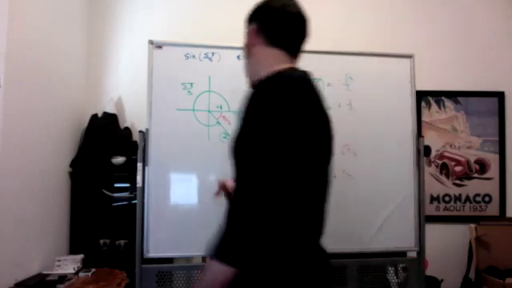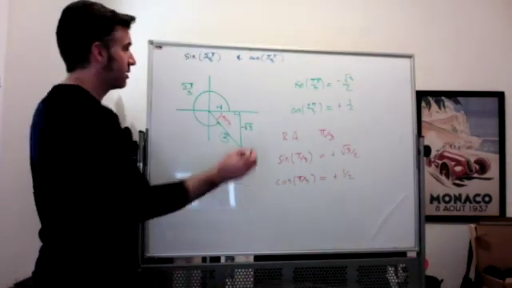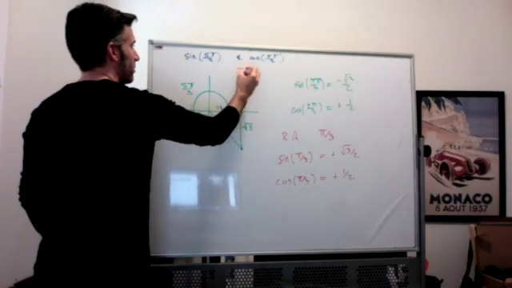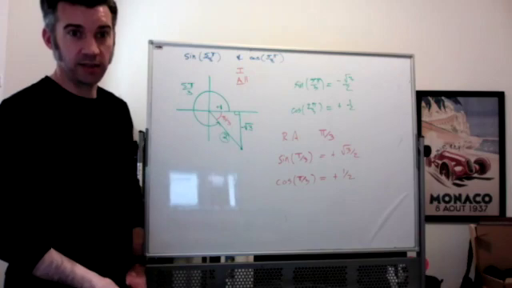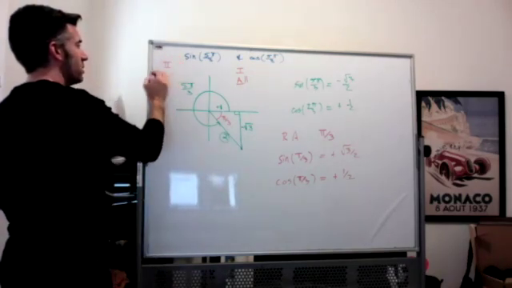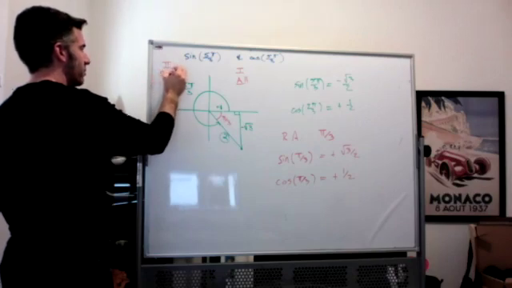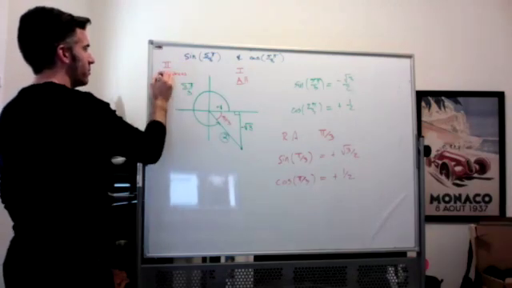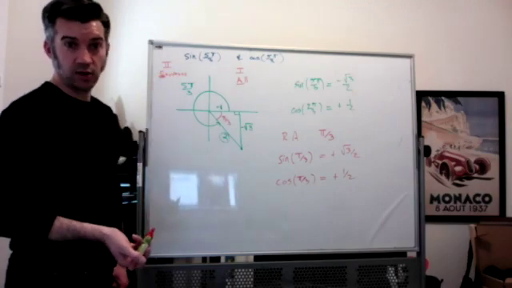So what we do is say, well, I know I'm in quadrant 4. And here's the deal for the quadrants. In quadrant 1, all trig functions are positive. In quadrant 2, sine is positive, and the other 2, cosine and tangent, are negative.